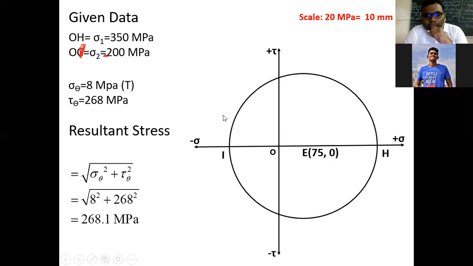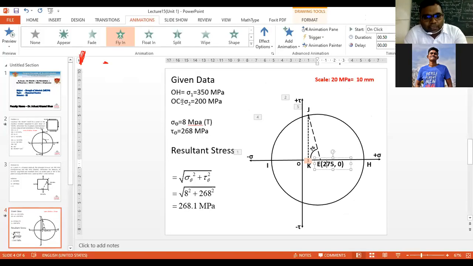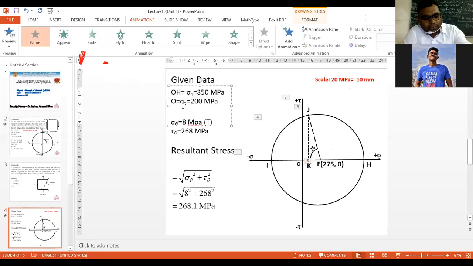It should be more than this: 350 plus 200 is 550, and half of that is 275. It must be 275. Let's write it. Do the correction here itself, and this one has the minus sign.